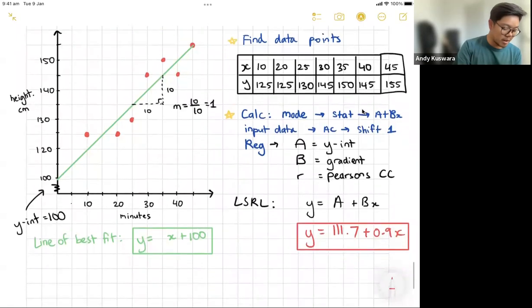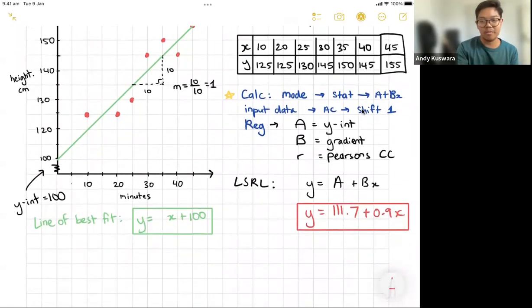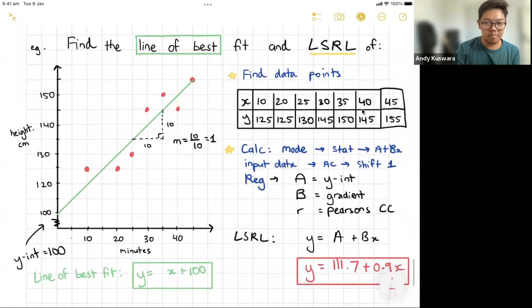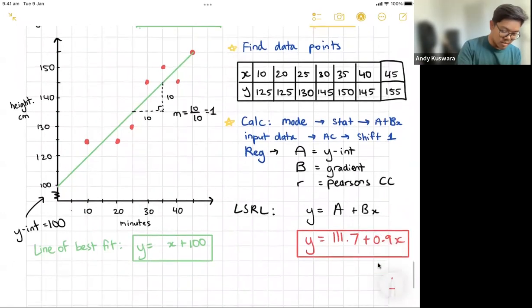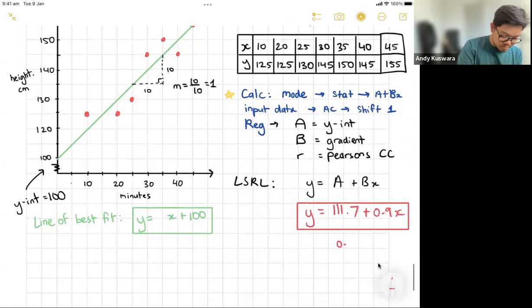Okay, the last thing that they may ask is something like, tell us what this means in terms of the data, or what the gradient means in terms of the data. So in this case, if I go with this one, 0.9, what it's saying here is that 0.9 equals rise over run.